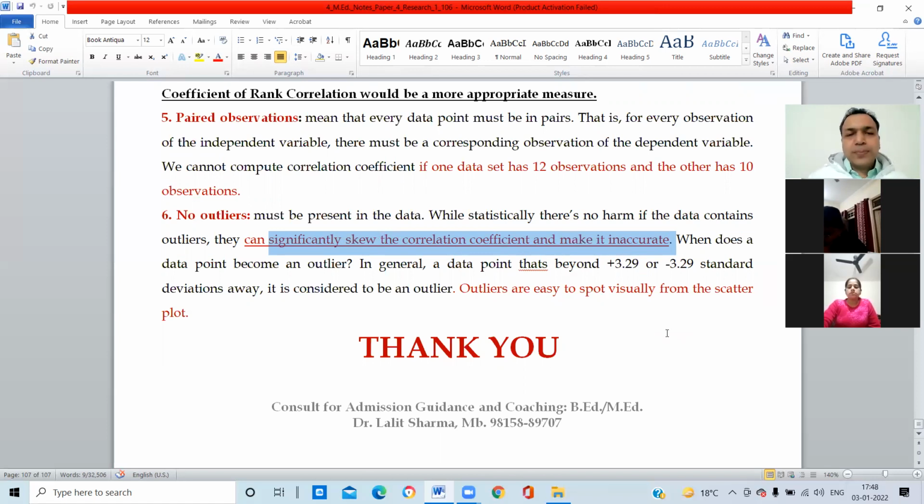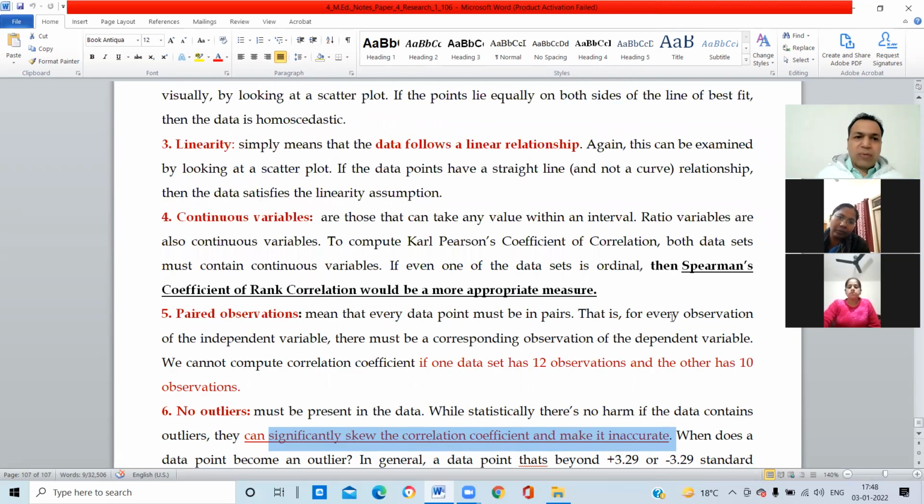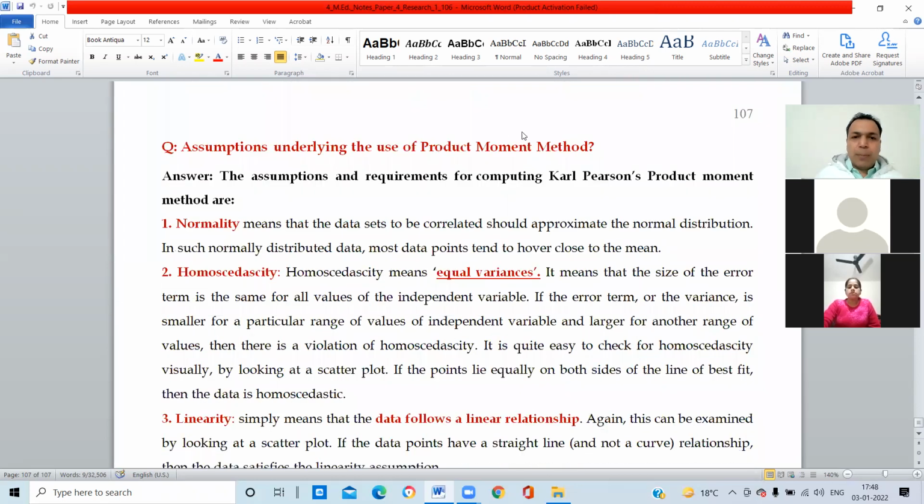But if you are collecting data from a girl of age 10, 12 and others after 50 years, such cases are called outliers, right? So there should not be any outlier in your data set when you are applying the product moment method, right guys?